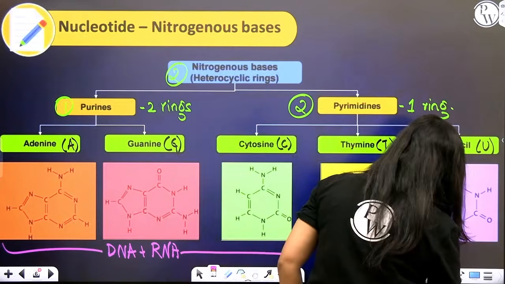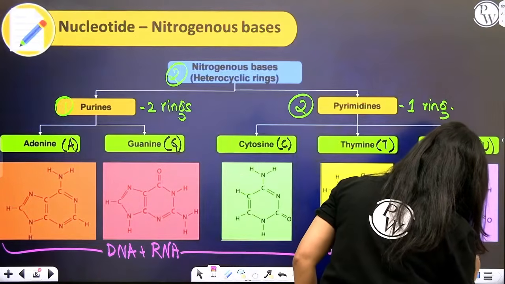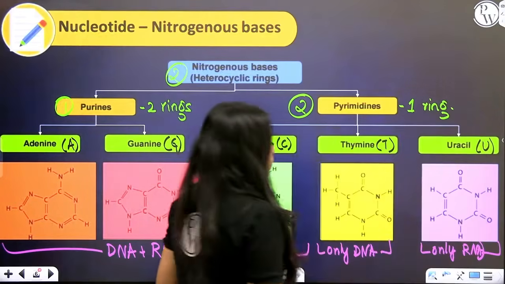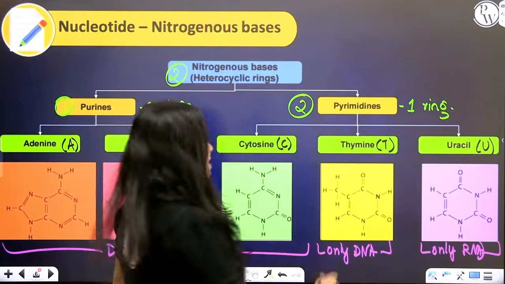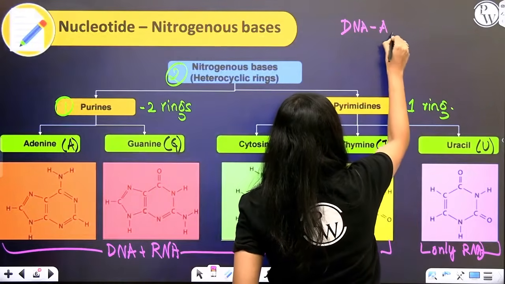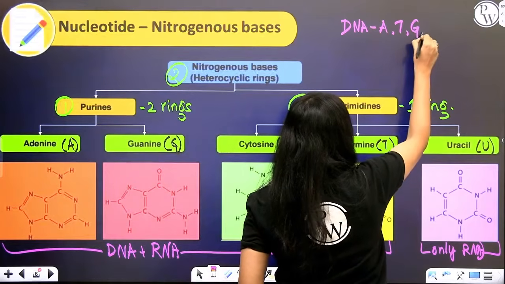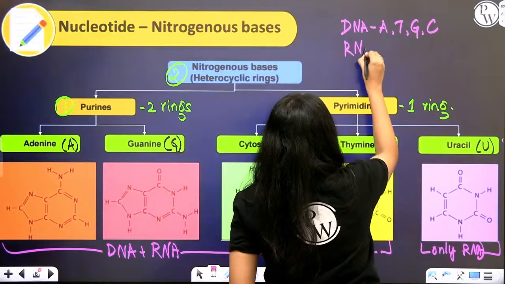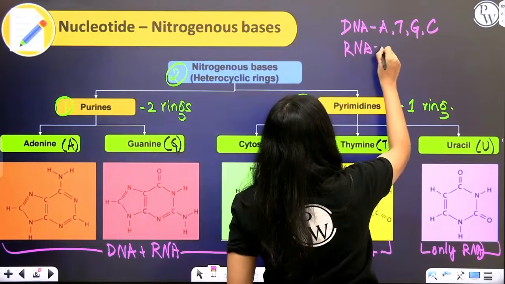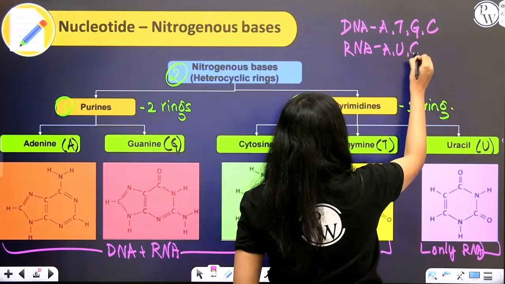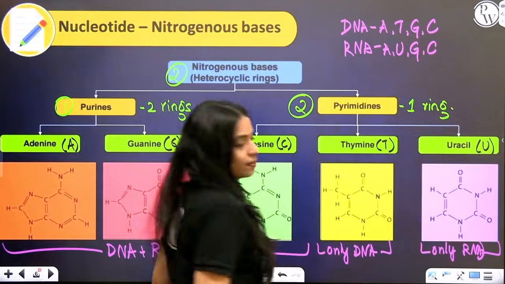Uracil can be found only in RNA. So the nitrogenous bases that you find in DNA include adenine, thymine, guanine, cytosine. The nitrogenous bases that you find in RNA are adenine, uracil, guanine, cytosine.